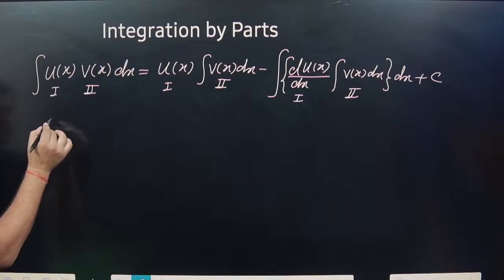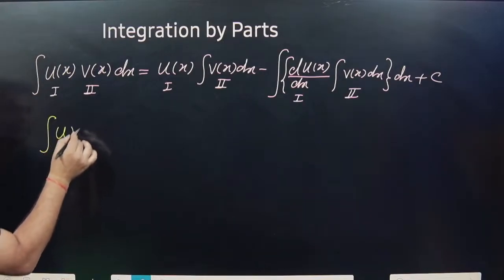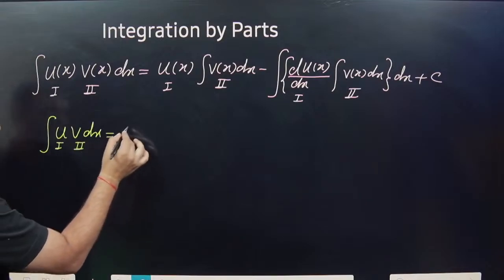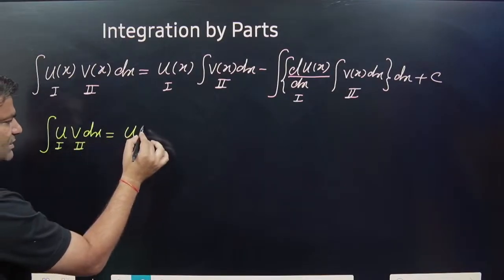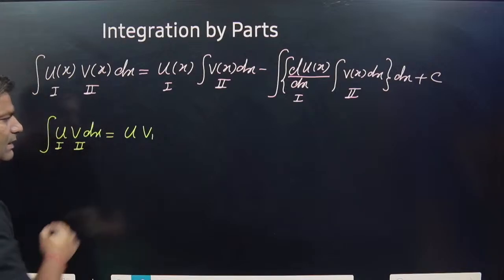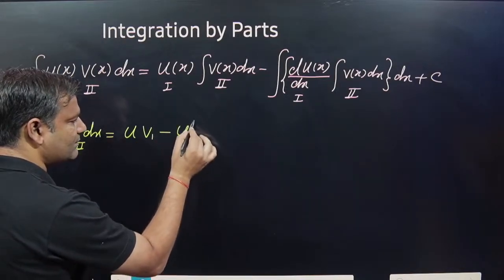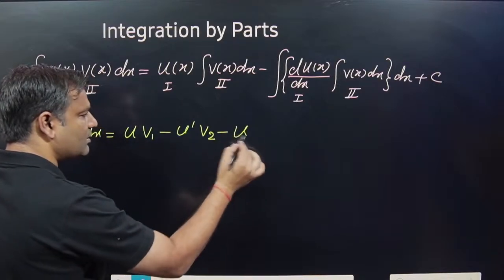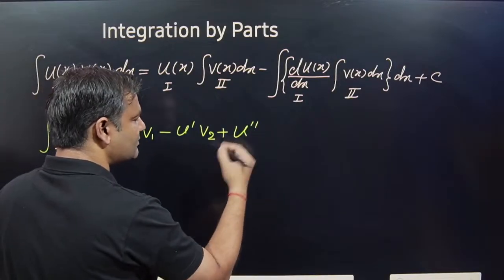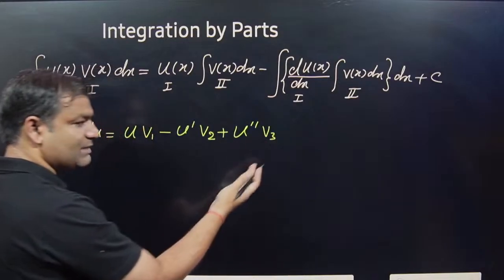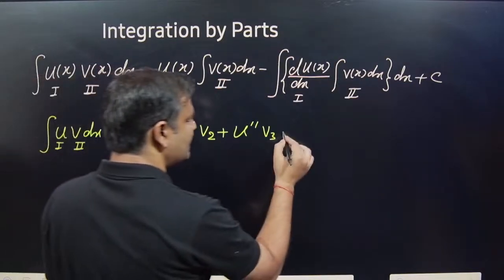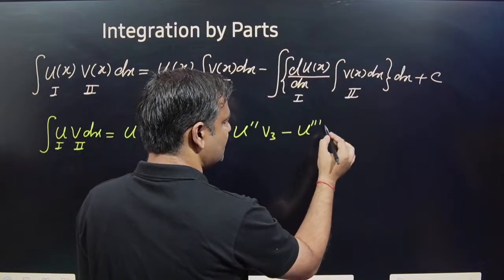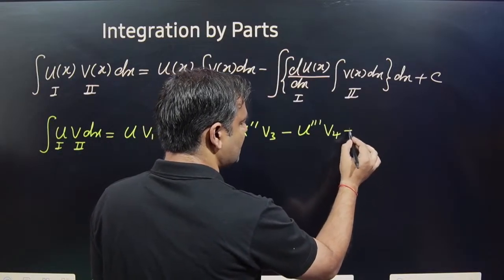Simply look here: u into v dx, if this one is the first function and this one is the second, then first into integration of second, written v1, minus u prime into double integration v2, after that plus u double prime v3, triple integration, and after that minus u third derivative and here v4, 4 times integration, and so on.